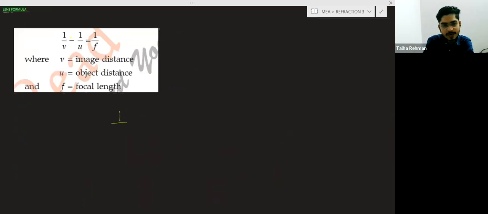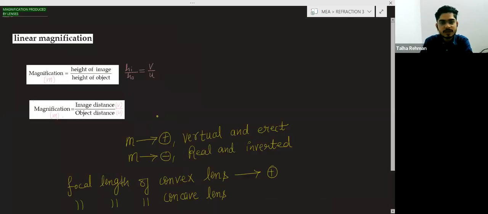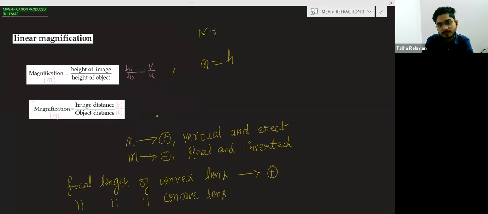In the mirror formula you will have 1 by V plus 1 by U is equal to 1 by F. This is for mirrors, concave and convex. When calculating the magnification for the mirror, height of image divided by height of object is equal to minus V divided by U. This is for the mirror and that is for the lens. Please don't confuse these.